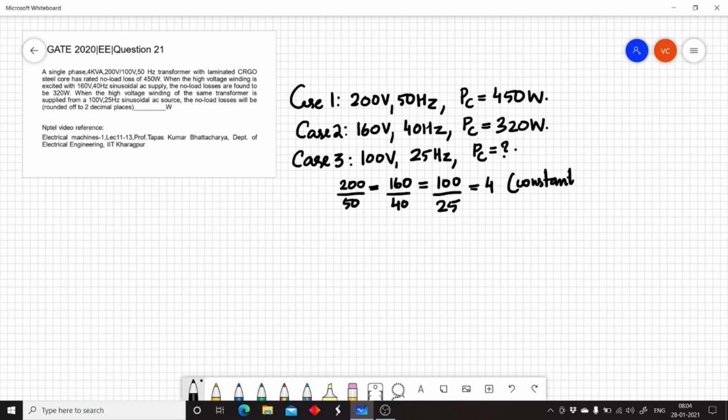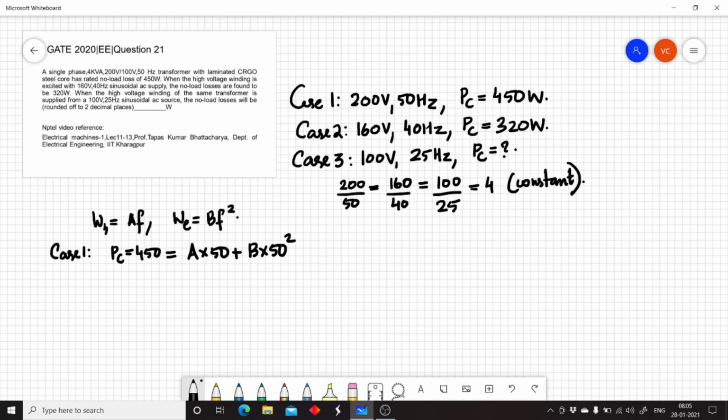So the hysteresis loss WH is given by AF and the eddy current loss WE is given by BF squared. So case 1, PC equal to 450 watt, can now be written as A into 50 plus B into 50 squared.